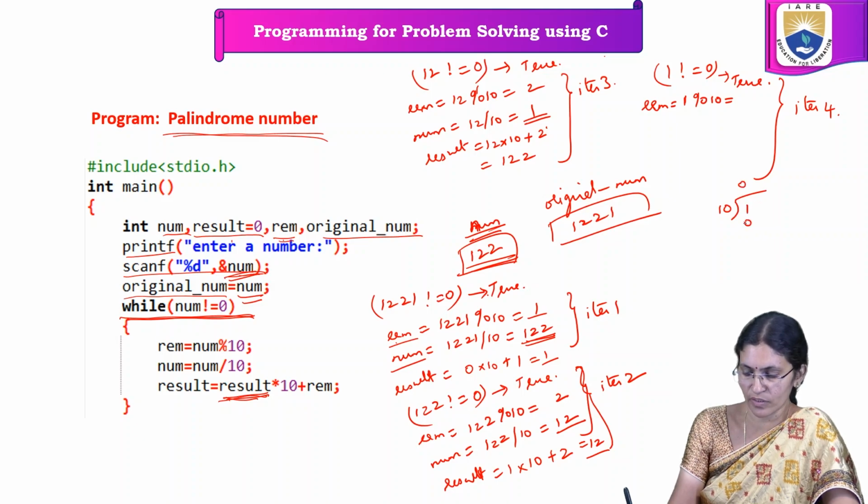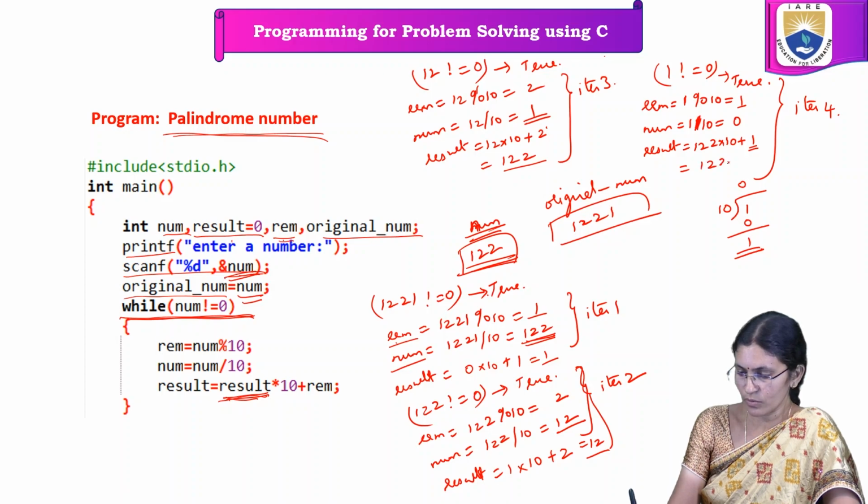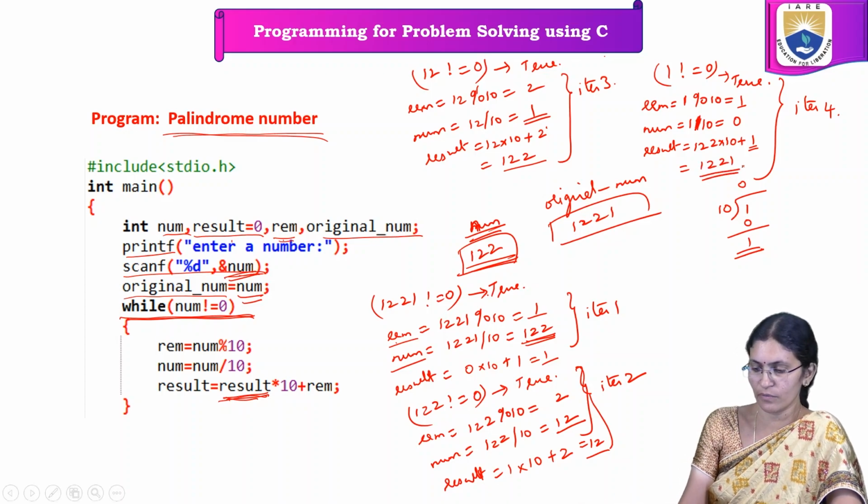Ten zeros are 0, so the remainder here is 1, and num is equal to 1 divided by 10, which is 0. For the result, in the previous iteration we got 122. So 122 into 10 plus remainder, where remainder is 1, gives 1221. So this is the value of result.